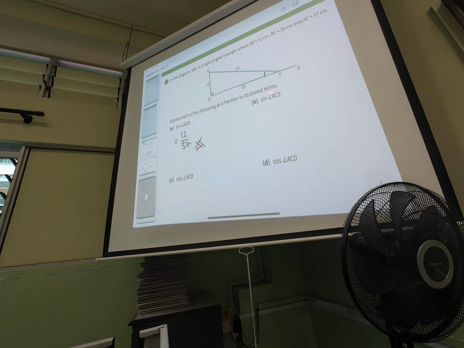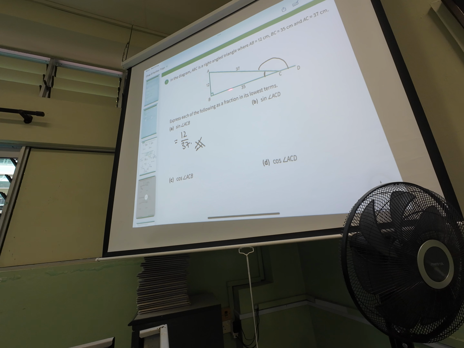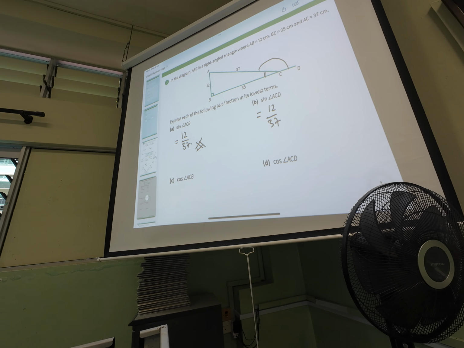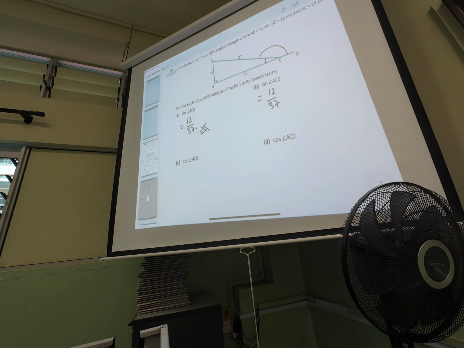Okay? Then for part B, sine of ACD. ACD is this angle, the outside one. But for the sine of this outside one, we are still looking at the same right angle triangle here. We are still looking at the opposite divided by the hypotenuse. So it is exactly the same as sine of ACB. Then with that, you should be able to do the cosine part also.